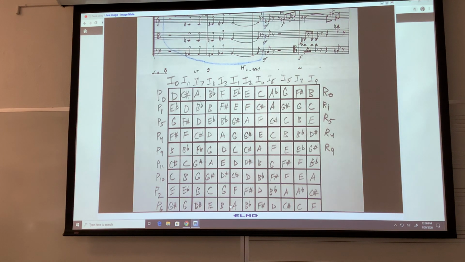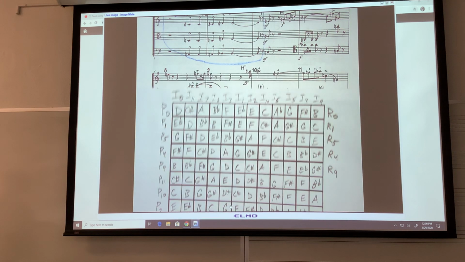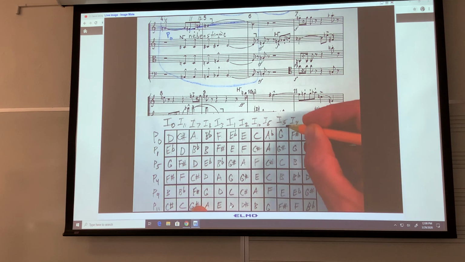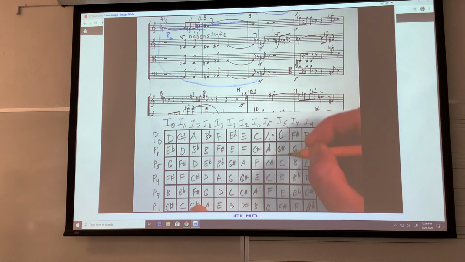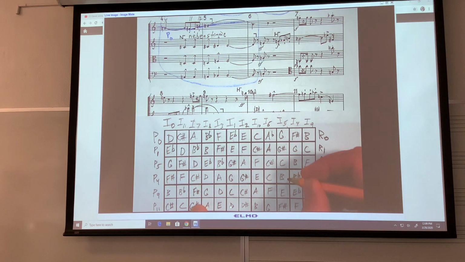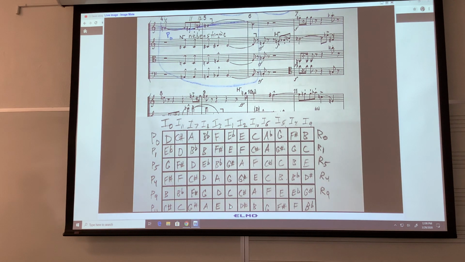Okay, did you figure it out? It starts G, A flat, C, B. And if you look, I5, G, A flat, C, B. So the second violin takes over at the end of measure 6 with an I5. So we will need a new color.